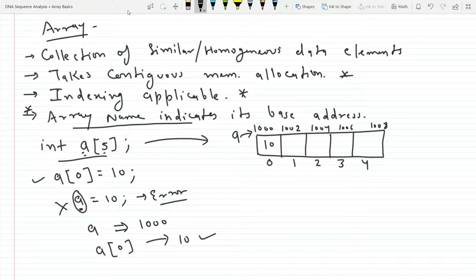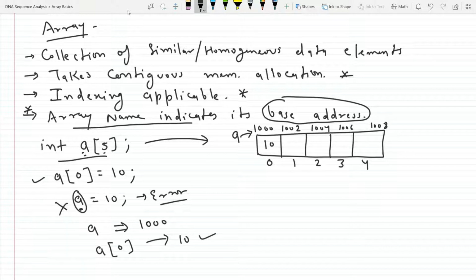This is a very important point: array name indicates its base address. In the previous lecture I told you that a variable name indicates its value, whereas an array name always indicates its base address.